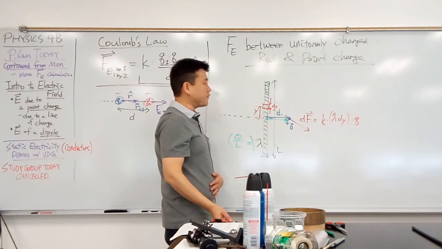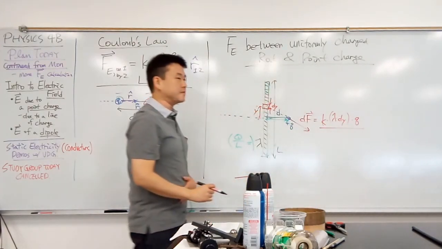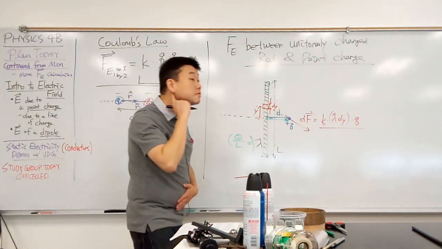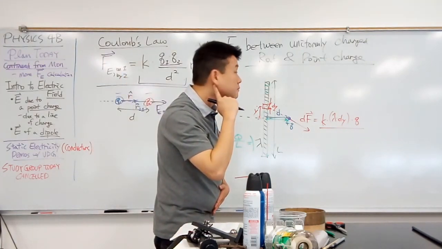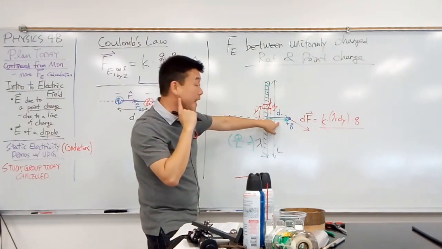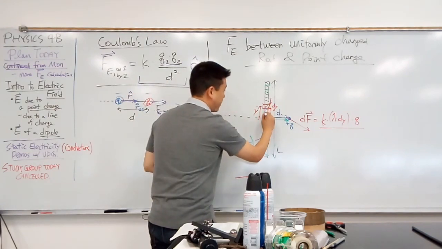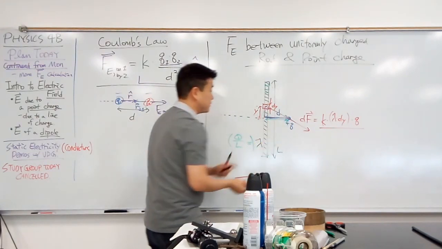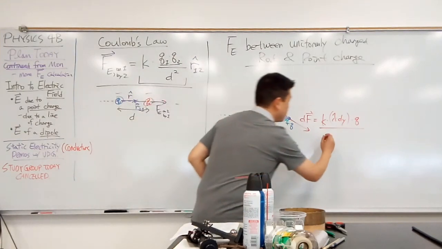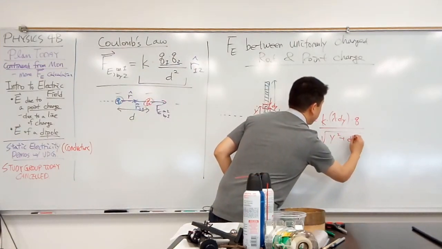Someone tell me the expression for the distance. What is the expression for the distance? Crystal? Okay, square root of y squared plus d squared. Yeah, what Crystal is looking at is this right triangle, right? And the distance is the hypotenuse. All right, so I'll write that. That's the distance, square root of y squared plus d squared.